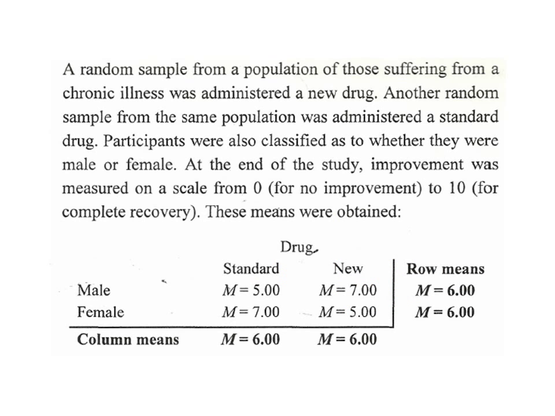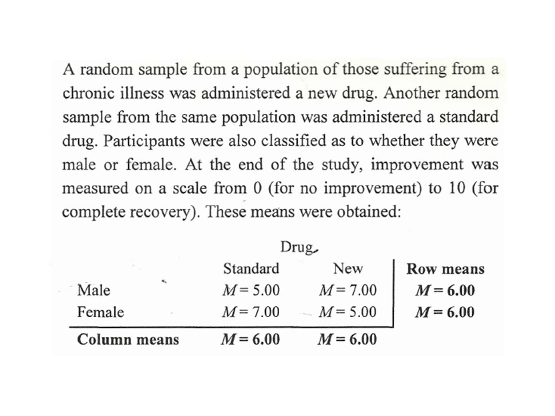All right. So now let's look at this example in which there are two main effects, but there is no interaction. So a random sample here, again a random sample from a population of those suffering from chronic illness, was administered a new drug, and another random sample from the same population was administered a standard drug.